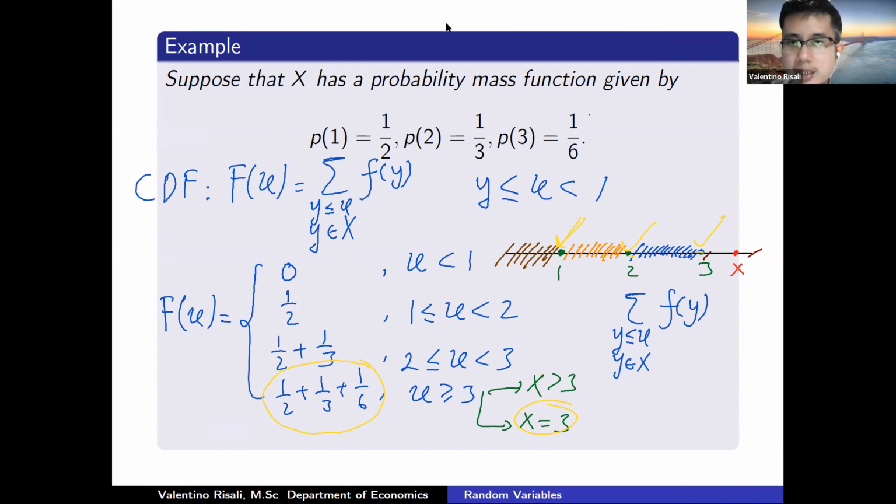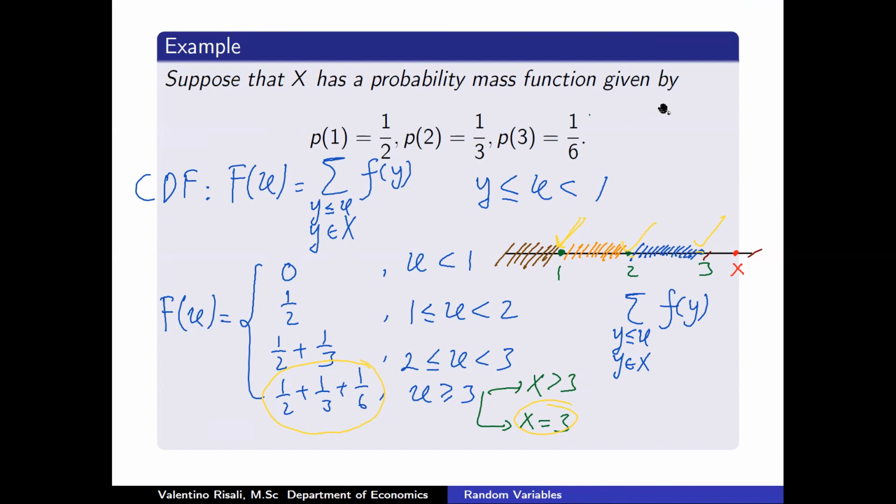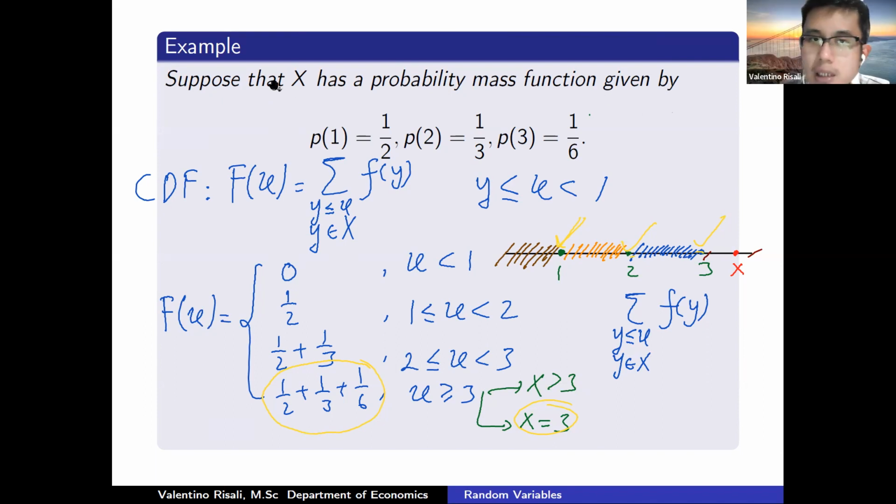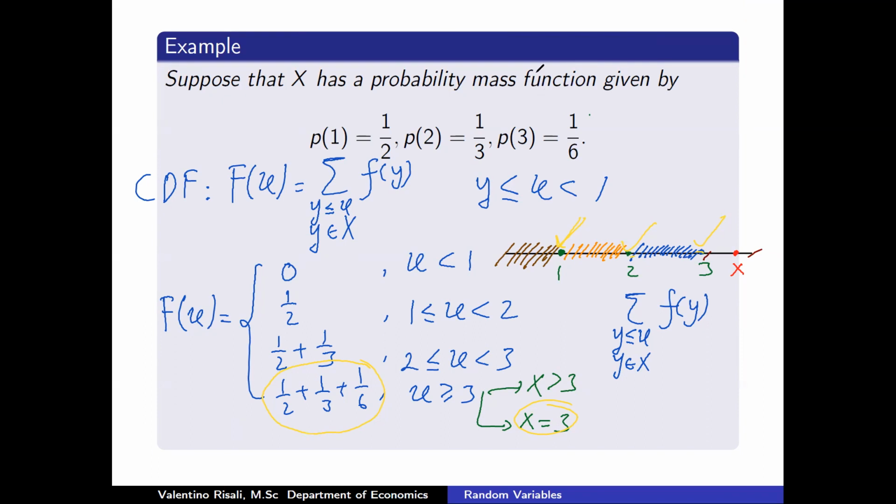Another questions? Sir, I have a question. Yes, please. Why is there no x equal to 1? Is it because the first function is half? There's x less than 1 and then x between 1 and 2, but why is there no x equal to 1?